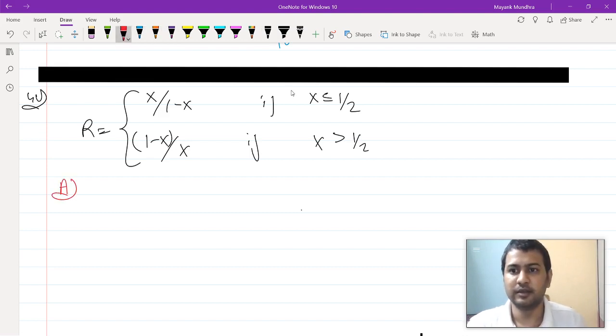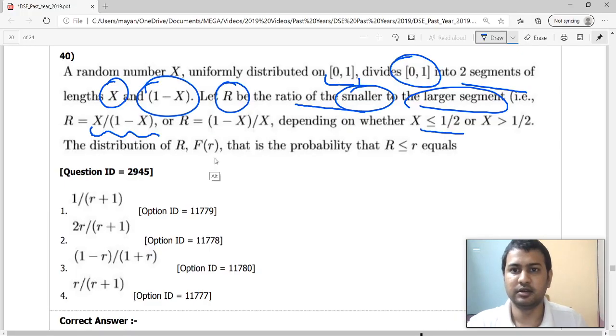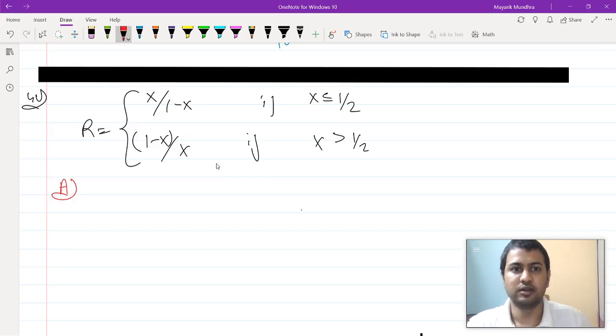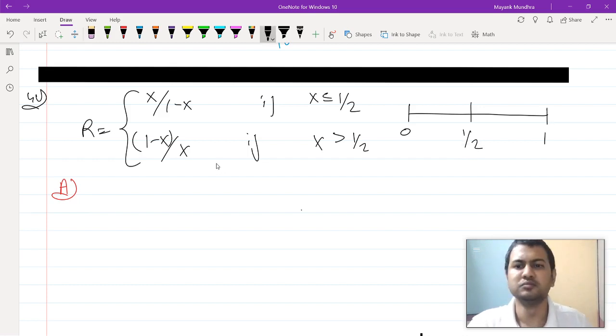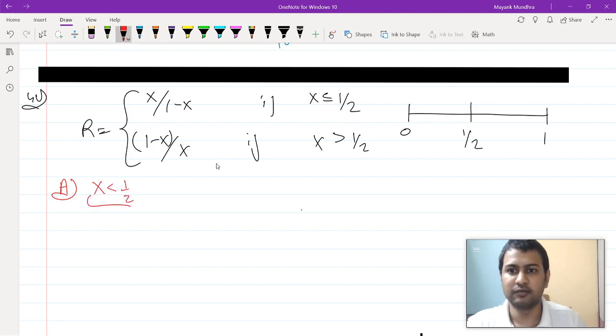Case A: on the 0 to 1 number line, suppose this is your 0 to 1 number line, and this is the point 1 by 2. Case A is when your picked number x is less than half.